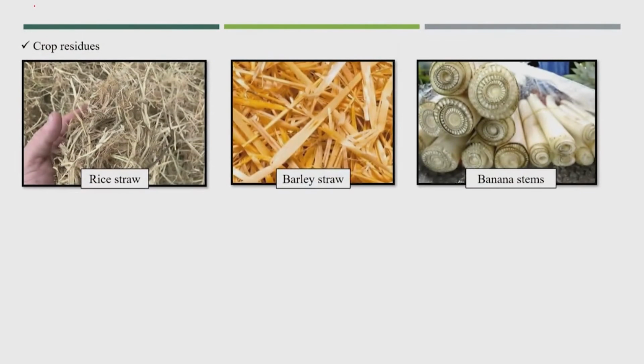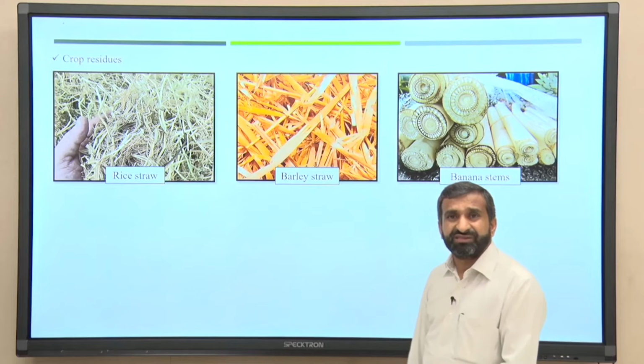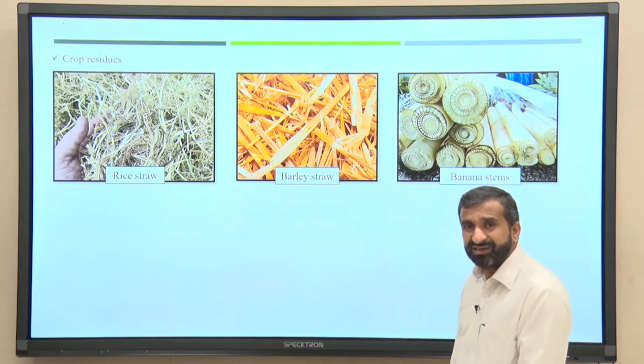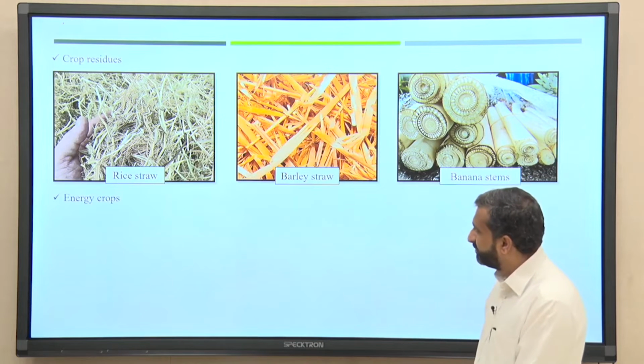Next is crop residues, like rice straw and banana stem. A huge amount of this agricultural waste is produced in India and most developing countries.